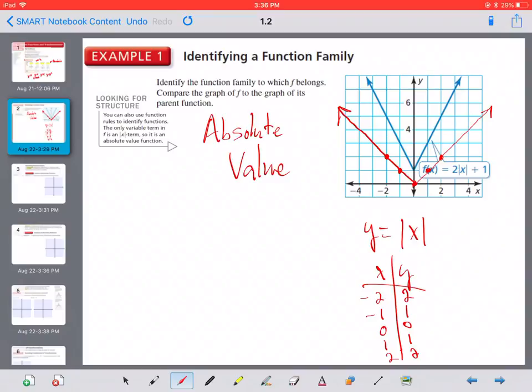And then how are they different? Well, this one goes up 1 over 1, up 1 over 1, and up 1, back 1, up 1, back 1. This one, the new function, f of x, goes up 2 over 1, up 2 over 1. So it's actually been stretched vertically.